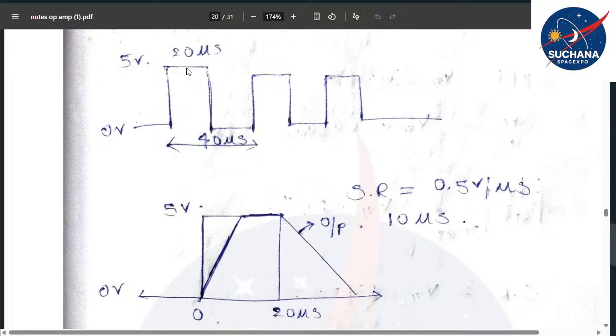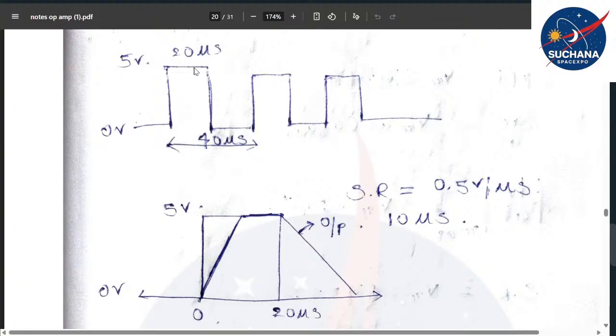Now if you take this particular position, the coordinates would be 10 microseconds comma 5 volt. That's what I told you. If the slew rate is 0.5 volt per microsecond, it will take 10 microseconds to reach 5 volt. So the graph starts from this particular position and reaches over here.